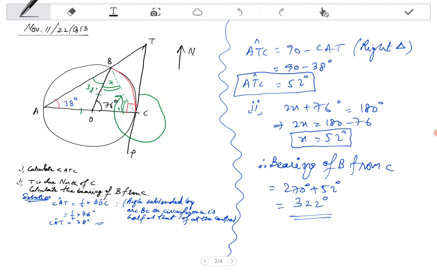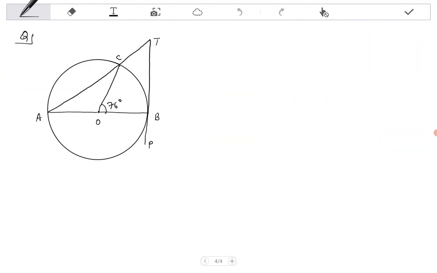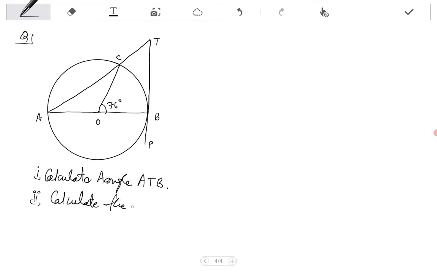Angle ATC, and calculate the bearing of B from C. If I write the complete question here: calculate angle ATB is the first part, and the second part is calculate the bearing of C from B.